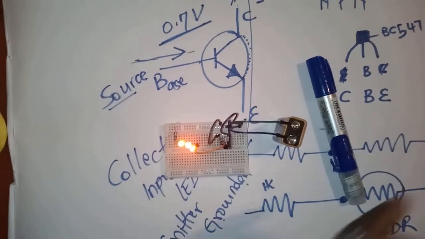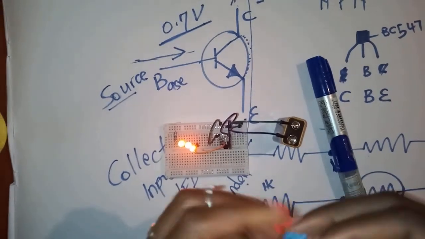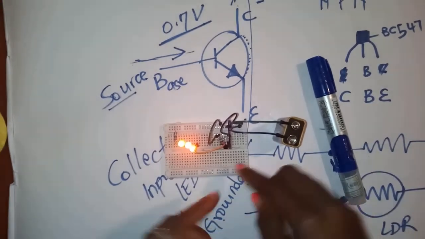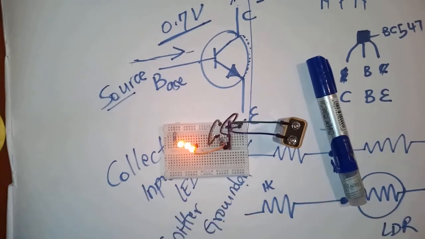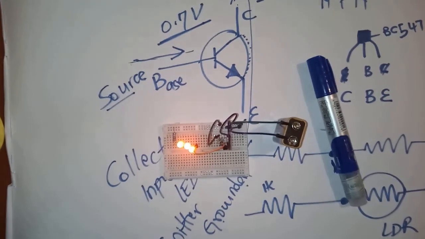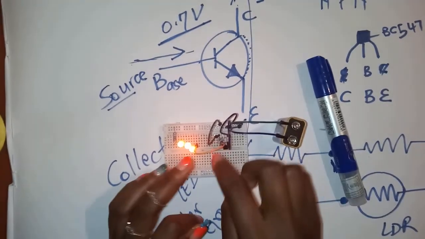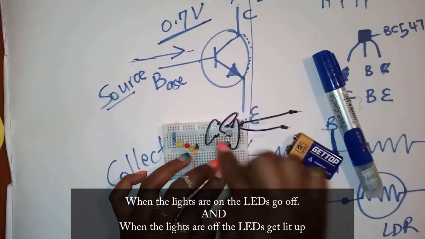So you'll just work on increasing the resistance when this happens. First you try interchanging the collector and emitter, reverse it. If it doesn't work, increase resistance. So for me, let me just do that real quick.